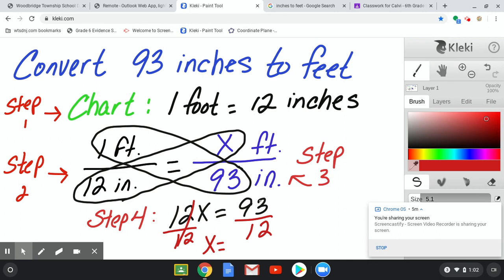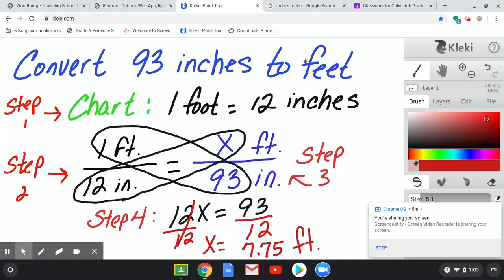So x, if I were to do this in the calculator, I would get 7.75. And the missing unit here, we are solving for feet. So that would be 7.75 feet, or 7 3/4 feet. So that means 93 inches is equal to 7.75 feet, and that would be your final answer.